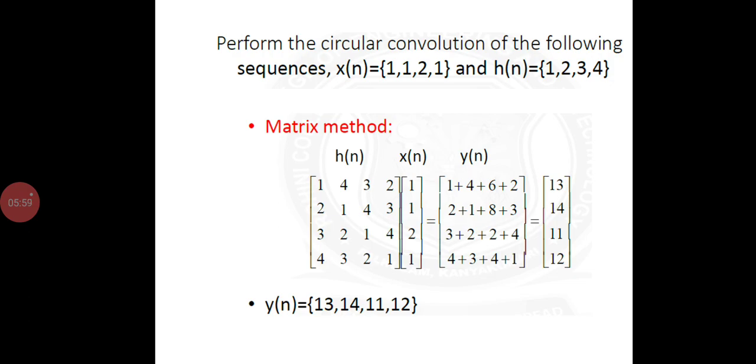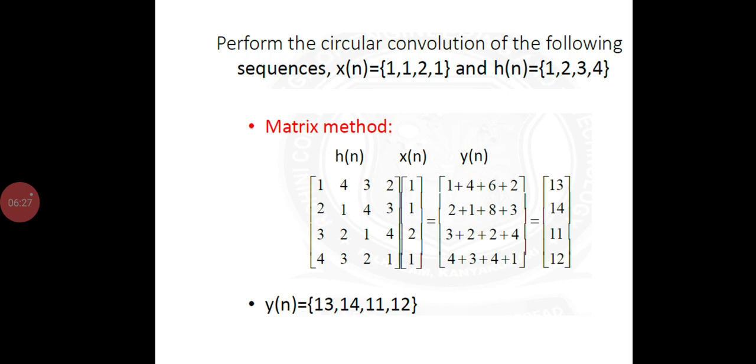Now we look at the matrix method. While performing circular convolution using the matrix method, we circulate the sequence in a matrix. In the first column we arrange the sequence in order, then rotate once and write the second column. Similarly we rotate once again and write the third column, and rotate once more for the fourth column.